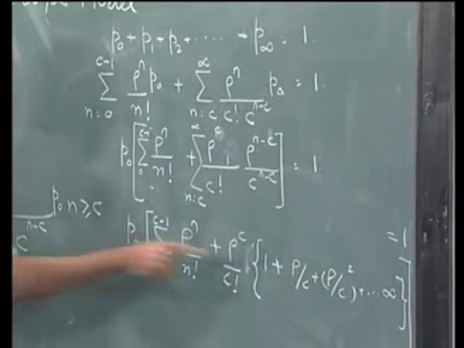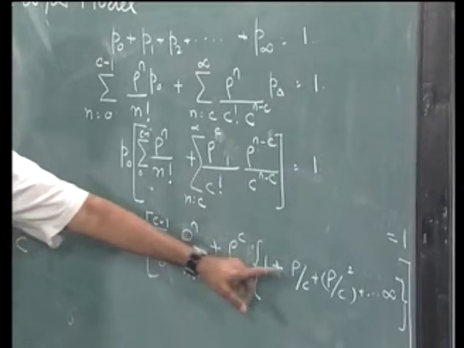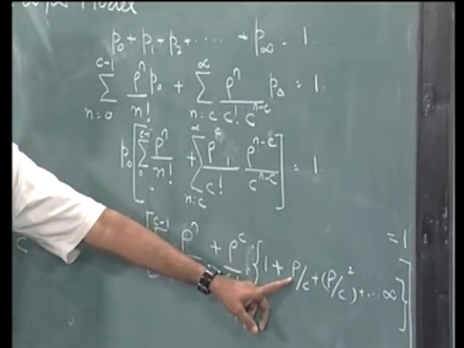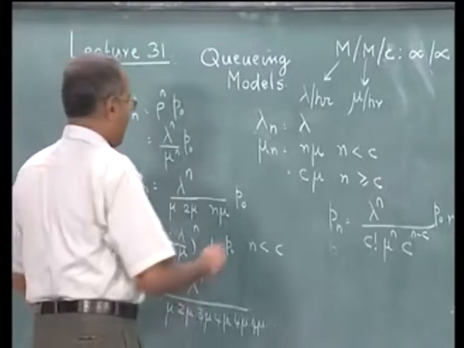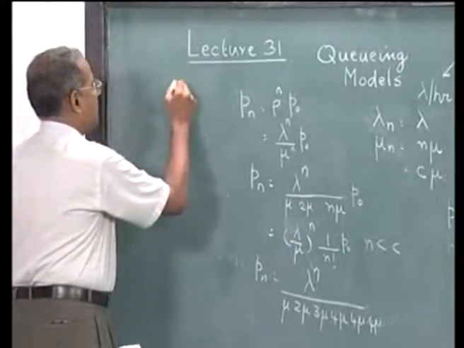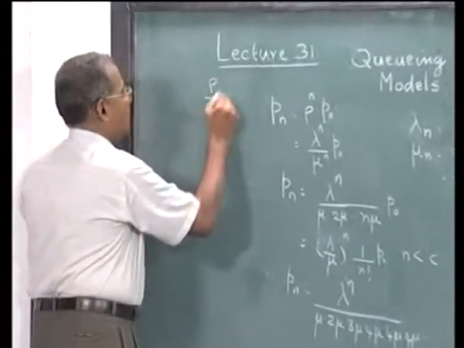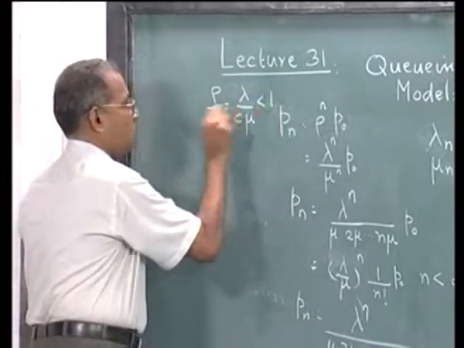Now, this is an infinite geometric series with first term a as 1 and common ratio r as rho by c, and we also know that rho by c will have to be less than 1. We mentioned here that rho by c, or lambda by c mu, should be less than 1.